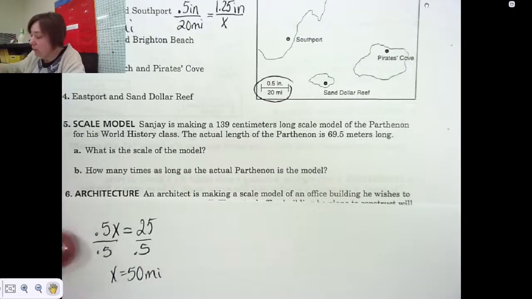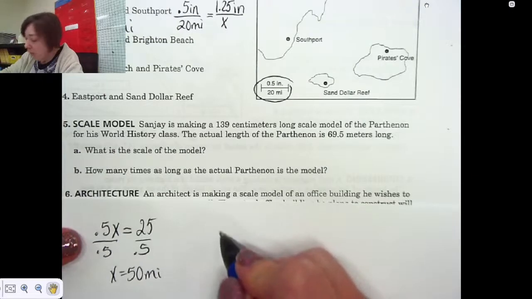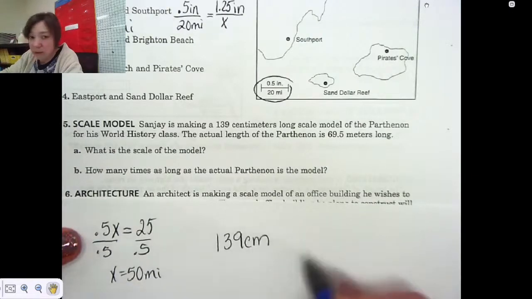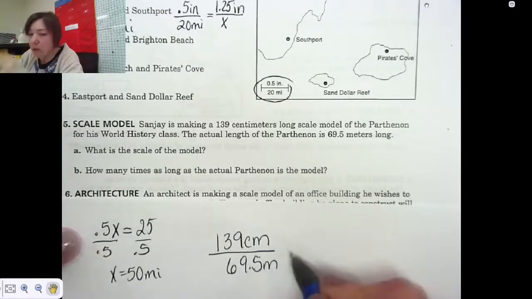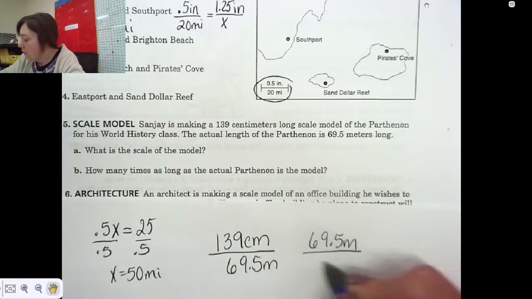So all we're going to do for this is we're going to take that 139 centimeters, right? And we're going to set it up divided by 69.5 meters. You know what? Actually, let's go the other way with that. Let's do 69.5 meters and divide that by 139 centimeters.